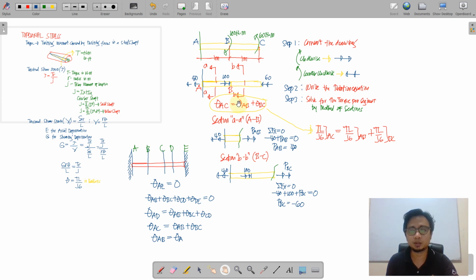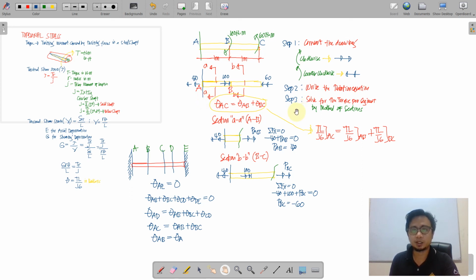Normally, if we start our work from left to right, we always cut the section and then consider the left portion of the shaft.